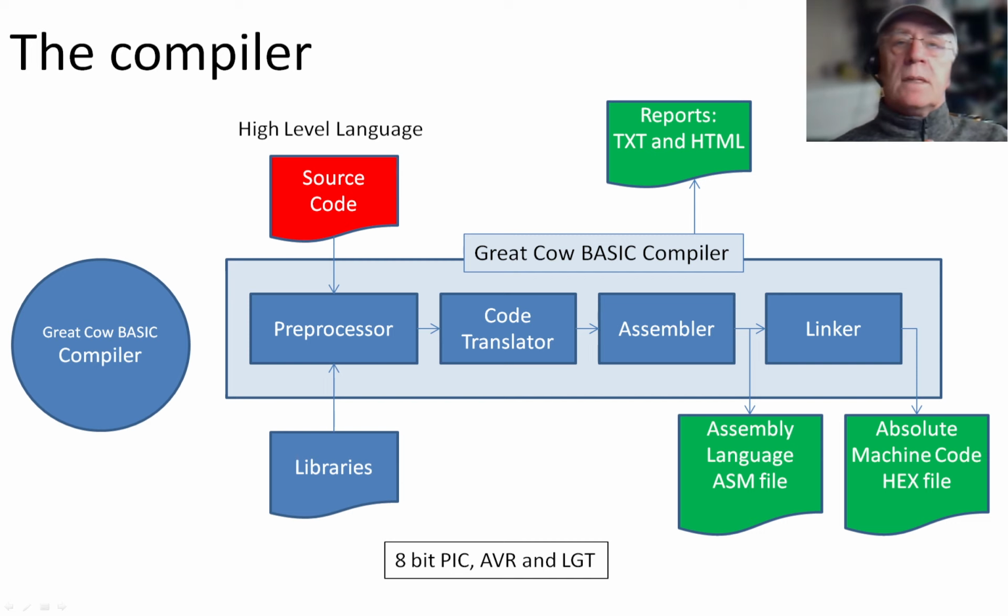It then gets passed into the linker, which is held within the Graphical Basic compiler. You can't pull it apart, and it will generate the absolute machine code hex file for the particular chip. It is a single solution with inputs and outputs, but there are interfaces which I'll peel back for you very shortly.